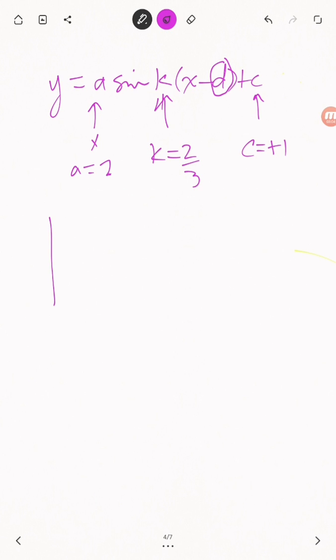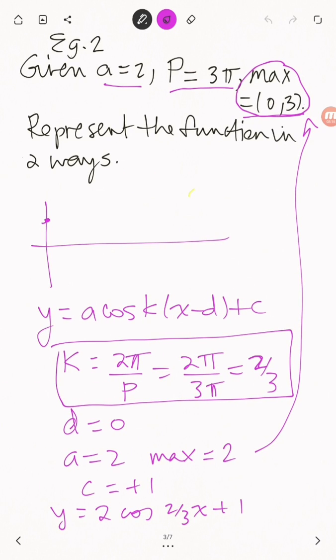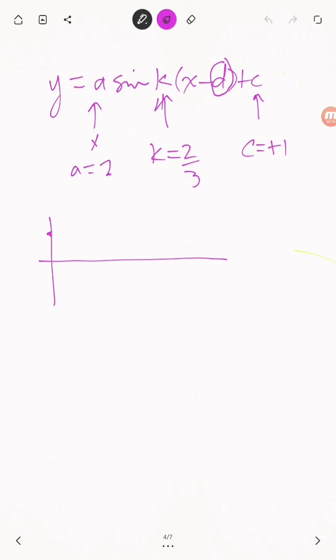Let's have a look again at this function. We said that it starts at a maximum of 3 on the y-axis. The period, we were told, is 3 pi. Just recall that the important points on a sine or cos function are quarter periods apart.